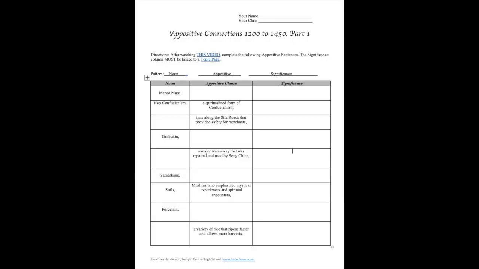And you know you have to do more than just define terms in this class. And then what comes next? Now it has to land back on the topic page. And by the way, when you didn't make a good grade on the appositive connections, it's because a lot of people who didn't do well on this simply didn't put in that third column anything relevant to the topic page or the historical development.